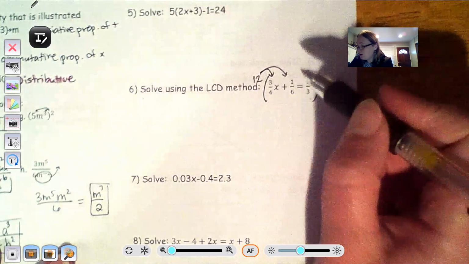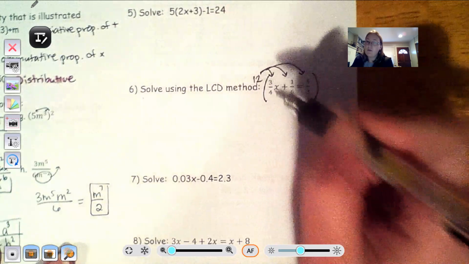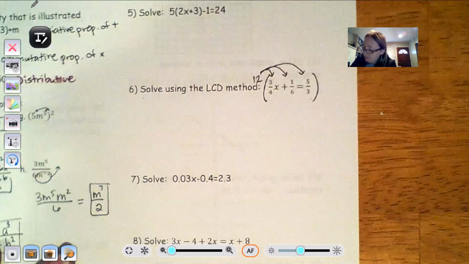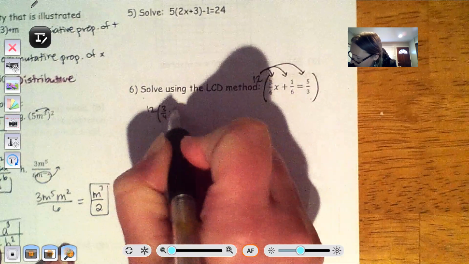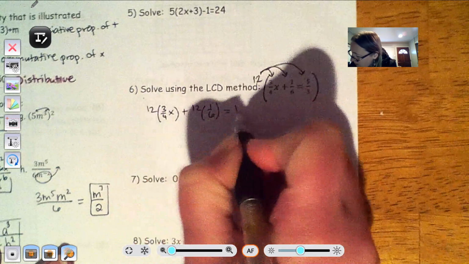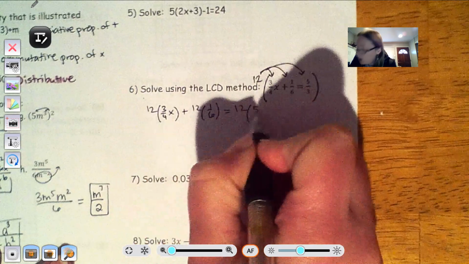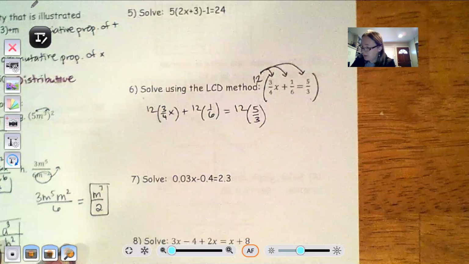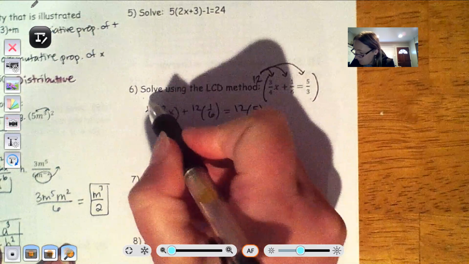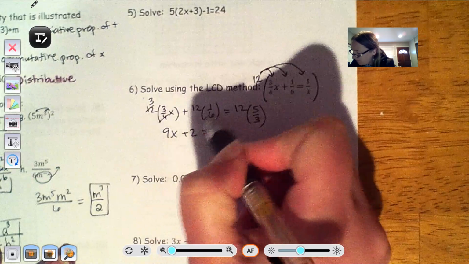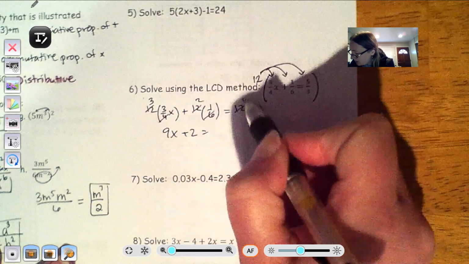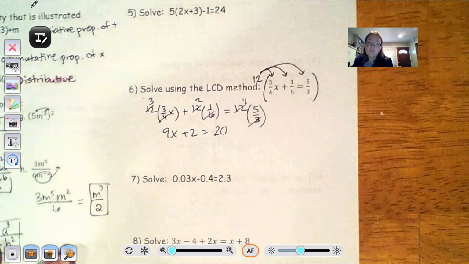You can kind of do a shortcut by just doing 12 with parentheses outside. This would be the part that you'd want to show your work for your scratch paper. So 9x plus 2 equals 20. Exactly. And then solve it from there.